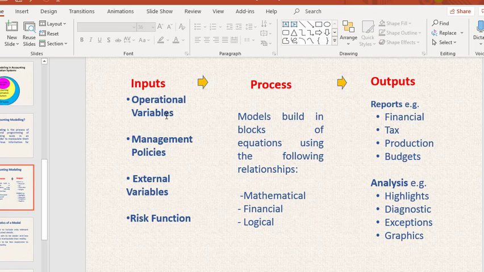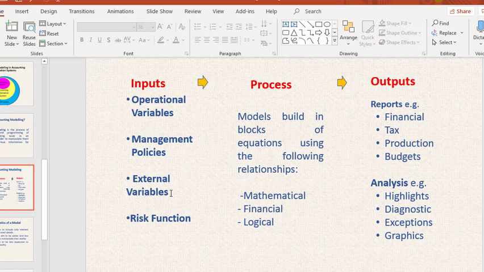Sometimes management policies may be converted into quantified data and combined with our model, so that they are considered as input to our accounting model. And external variables, for example the outside external environment, let's say government tax or any rules and regulations imposed.